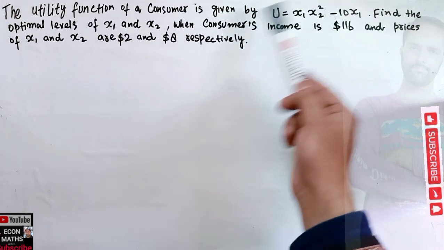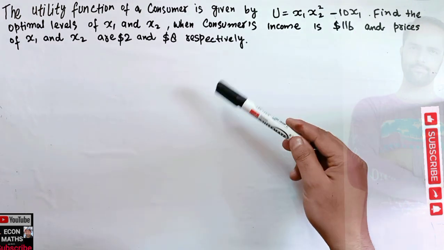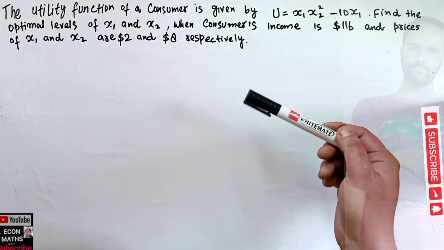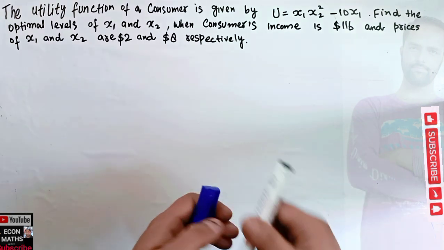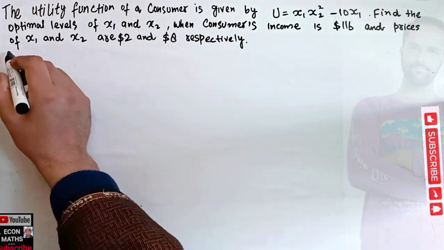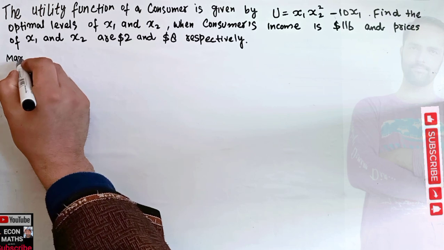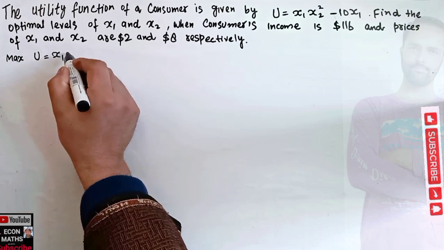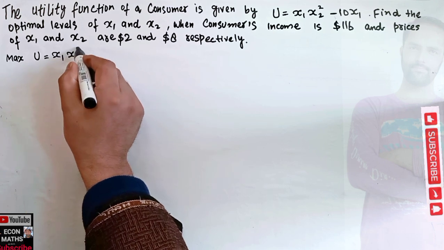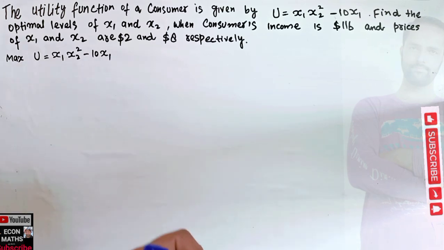So we are being given a utility function, the income of the consumer and the prices of the goods. We want to find out the optimal bundle that our consumer will buy. We want to maximize the utility function, which is x1 · x2² − 10x1.